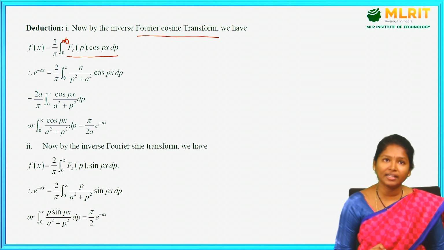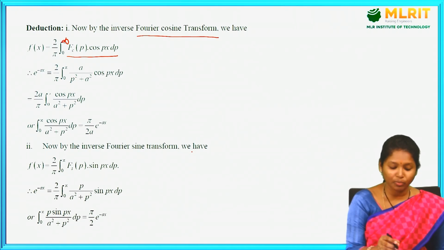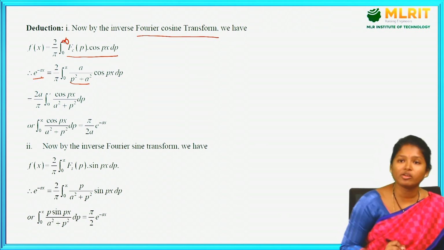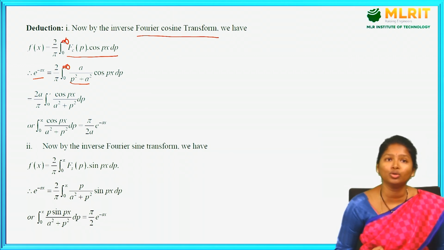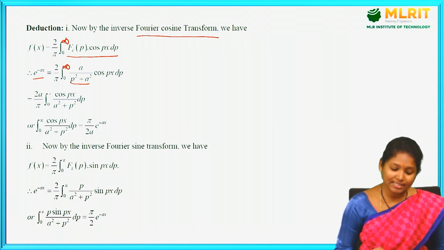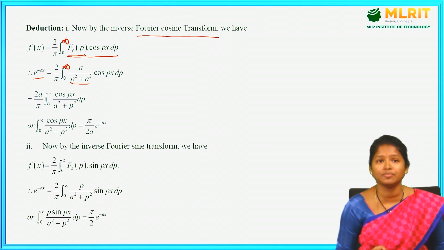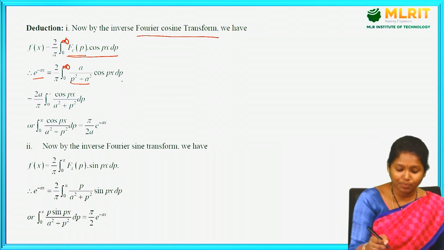Already we found the fc of p here, so we will substitute fc of p in the formula. We will get f of x is e power minus ax, so e power minus ax equal to 2 by pi integral 0 to infinity, in the place of fc of p, I am substituting a by p square plus a square, so cos px dp.